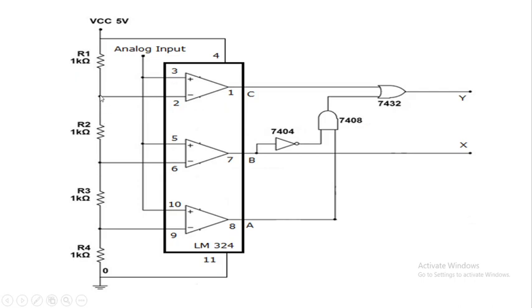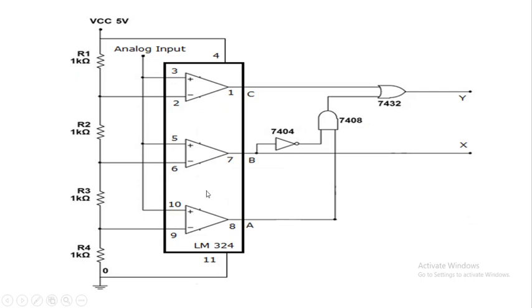Across R2 and ground there will be the voltage 3.75 volt. So all these voltages are applied to the negative terminal of each comparator, whereas the positive terminals of all the comparators are connected together and the analog input will be applied to them.